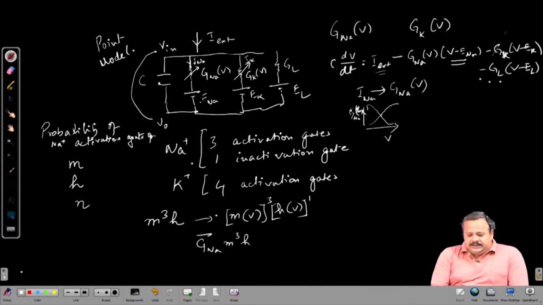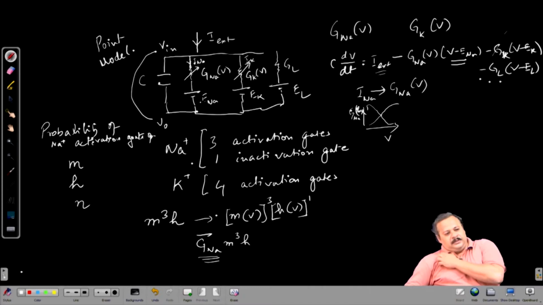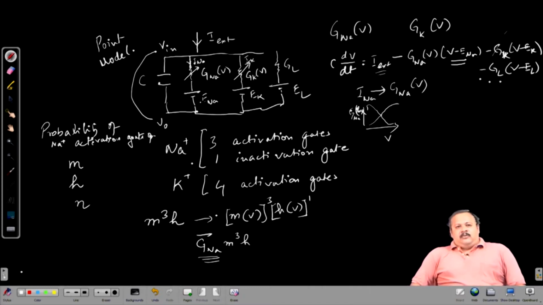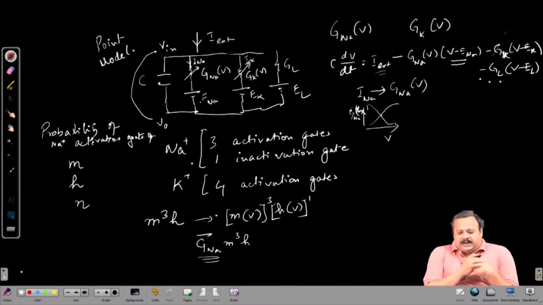So, this GNA bar is the overall sodium conductance of the neuron, the conductance of all the sodium channels put together, and M cube H is the probability of each of those channels being open. With the law of large numbers, we can say that the conductance of the sodium channels on average is going to be GNA bar times M cube H, again assuming independence between the different gates.